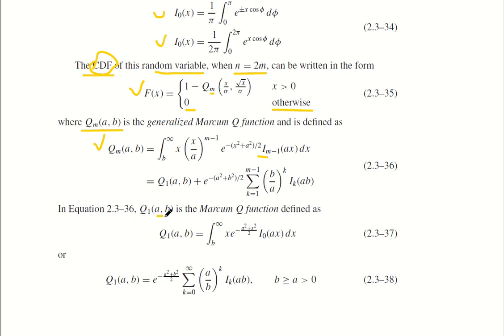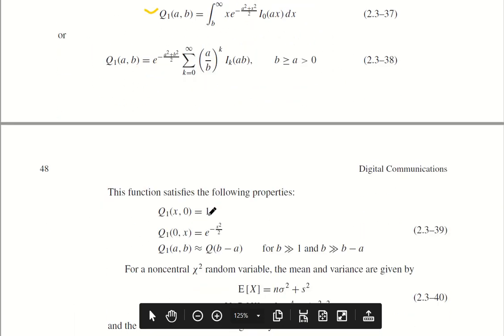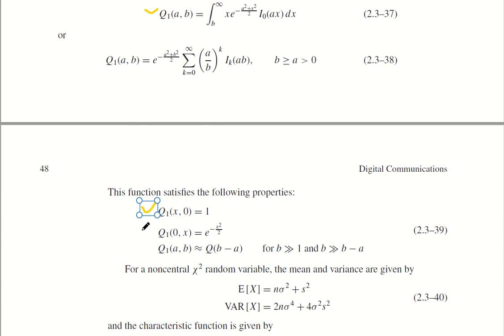We can define Q1 a b as this. So this integration simplifies to Q1, and it has some specific values, Q1 x 0 or Q1 0 x.